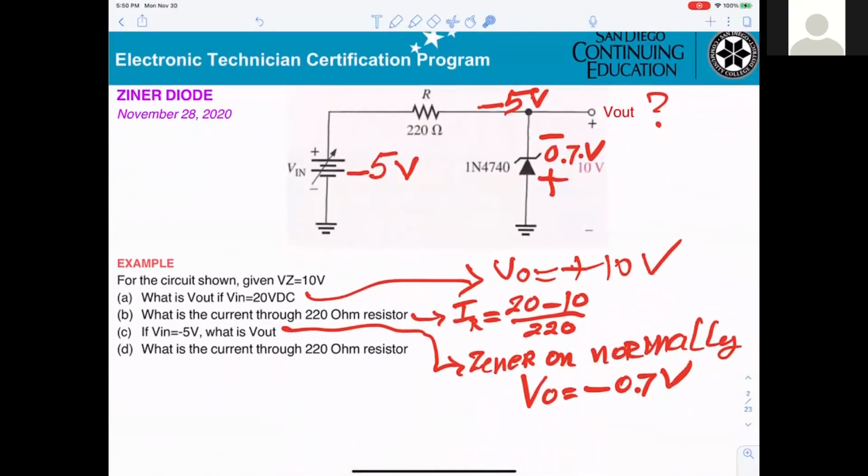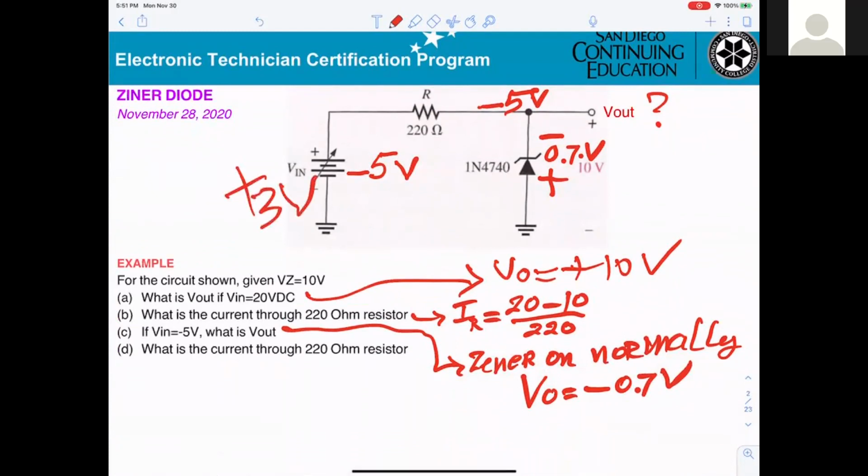Yeah, I have one more question. What if V in is 3 volts? Okay, so you want to say you get 3 volts. If V in is 3 volts, what will be V out? Now you say you get plus 3 volts.